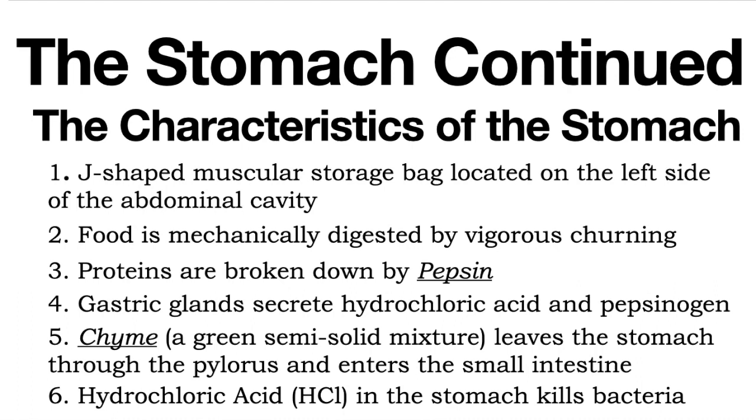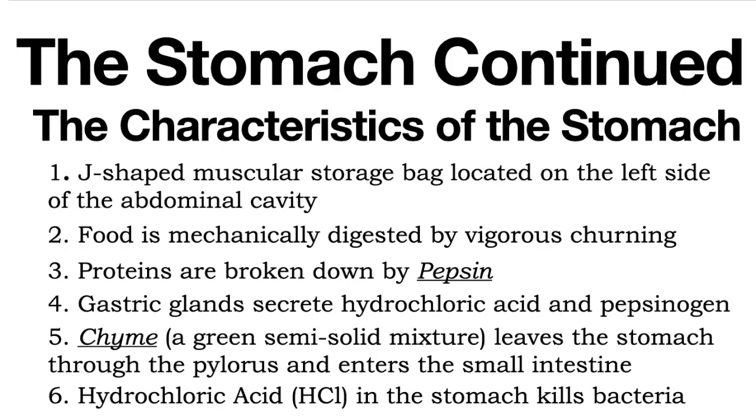Now, chyme is a green semi-solid mixture, and if you ever do a dissection, you open it up, you'll see this green kind of liquidy material. That is the chyme. And as the chyme leaves the pylorus and enters the small intestine, it's going to trigger some different responses of the small intestine.